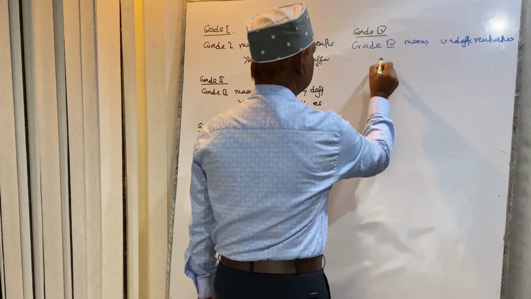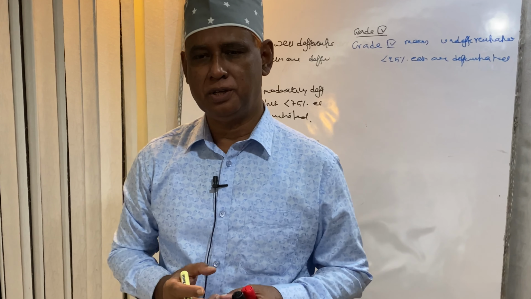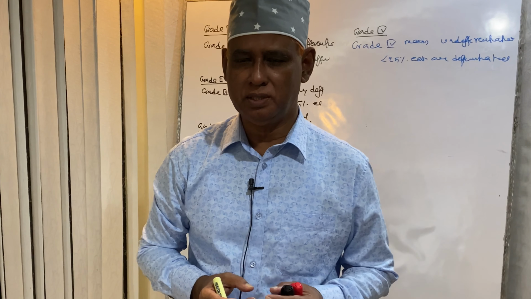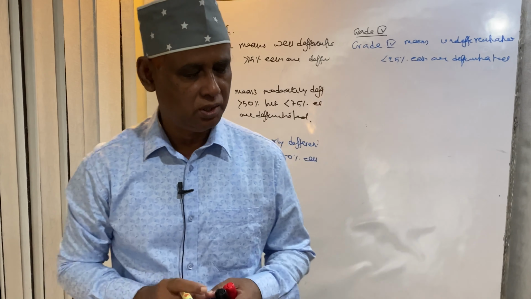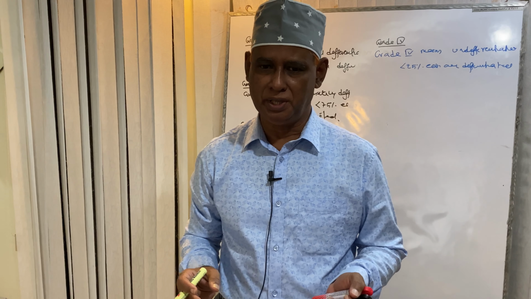This is grade 1, grade 2, grade 3 and grade 4. Dear audience, again we recall grading is based on degree of differentiation and number of mitotic cells in the tumor, and it is done by histopathologist. Now, come to what are the clinical importance of grading.